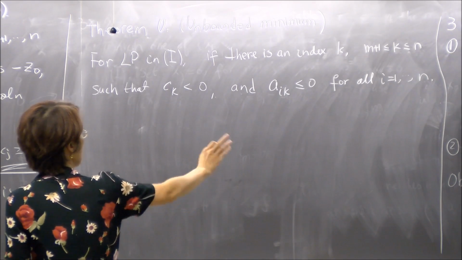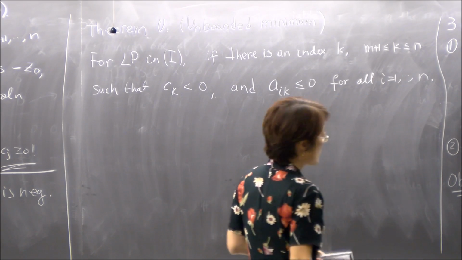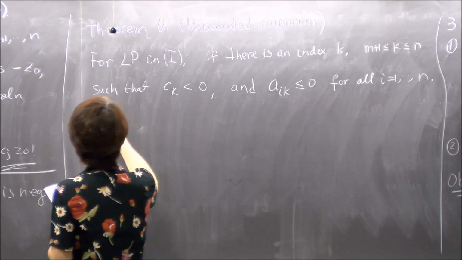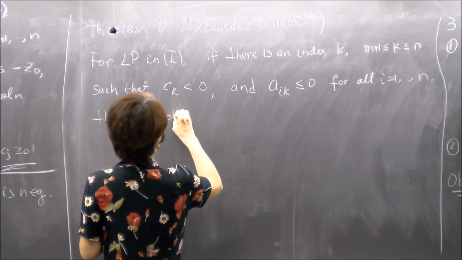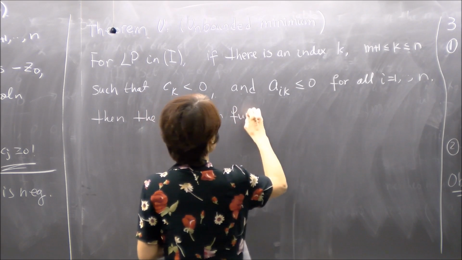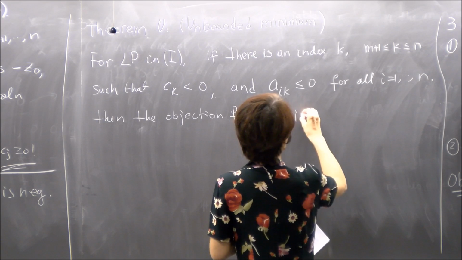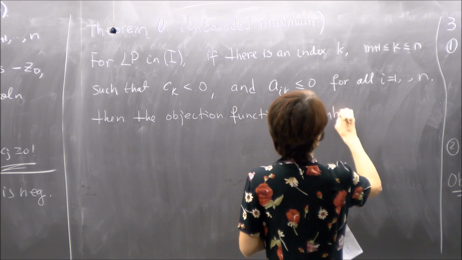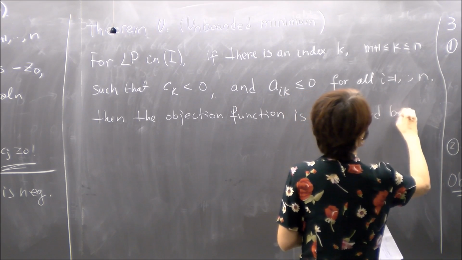Okay, then you are in this situation that we just made an observation from. So then you can conclude that the objective function is unbounded below.